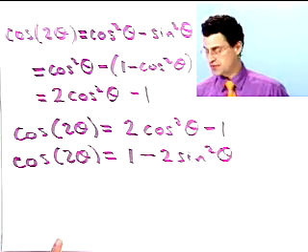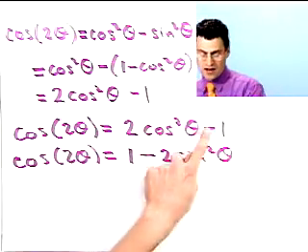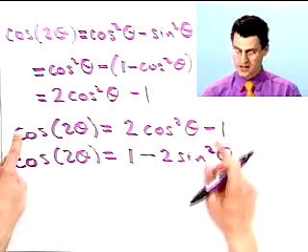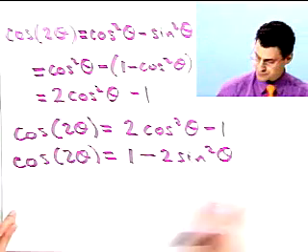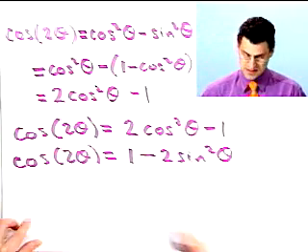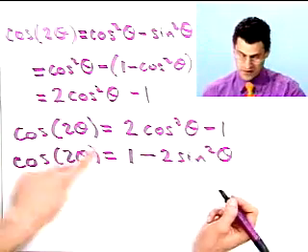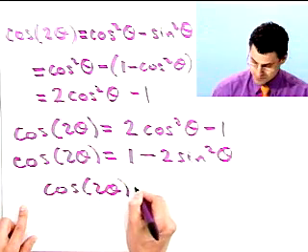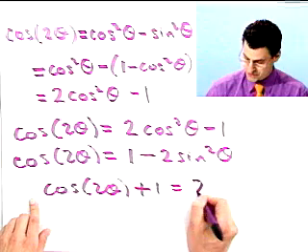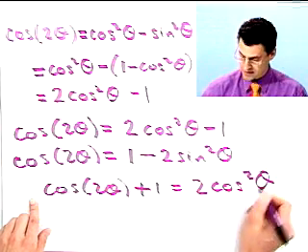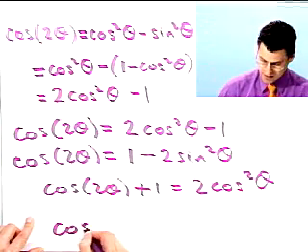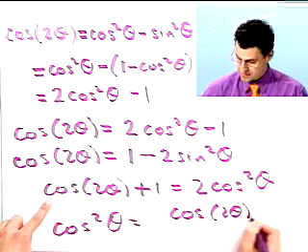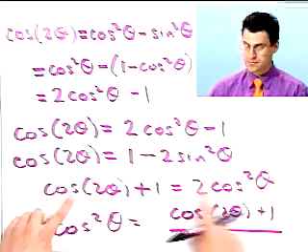Now the interesting thing about these two facts is, I can solve this for cosine squared. If I solve this for cosine squared, I'd bring the 1 over to this side, and so I'd see cosine 2 theta plus 1 equals 2 cosine squared theta. And so cosine squared theta equals cosine 2 theta plus 1, all divided by 2.